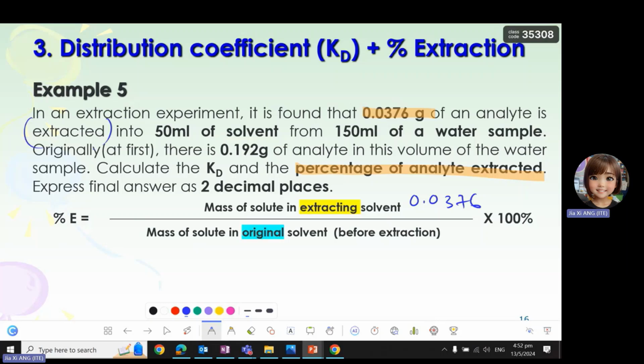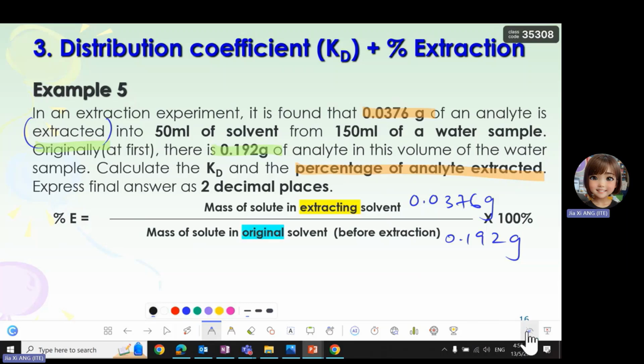So remember, this is what we extracted. And then the mass of solute in the original sample. So this was the analyte in the original sample. Remember, before extraction, the total amount of analyte. So we are supposed to substitute this value as the denominator and then times 100%.